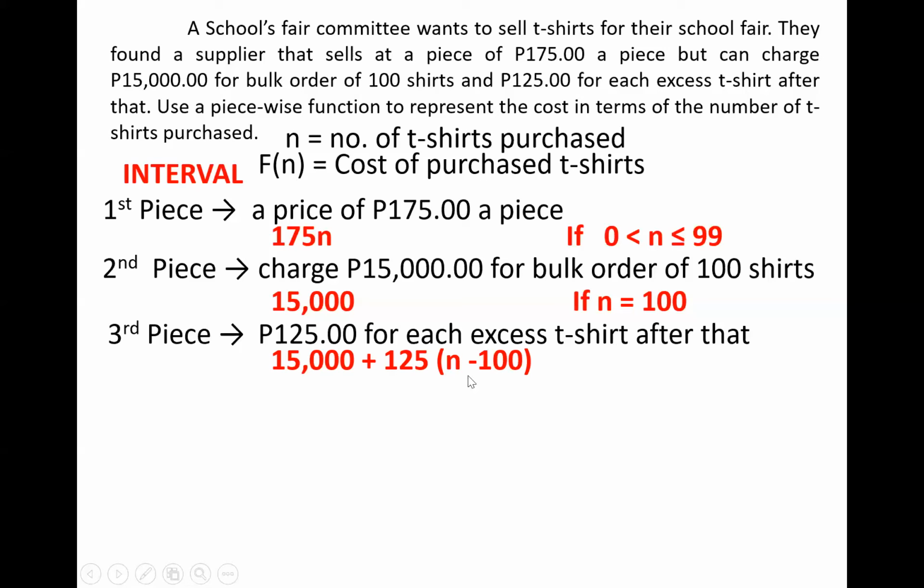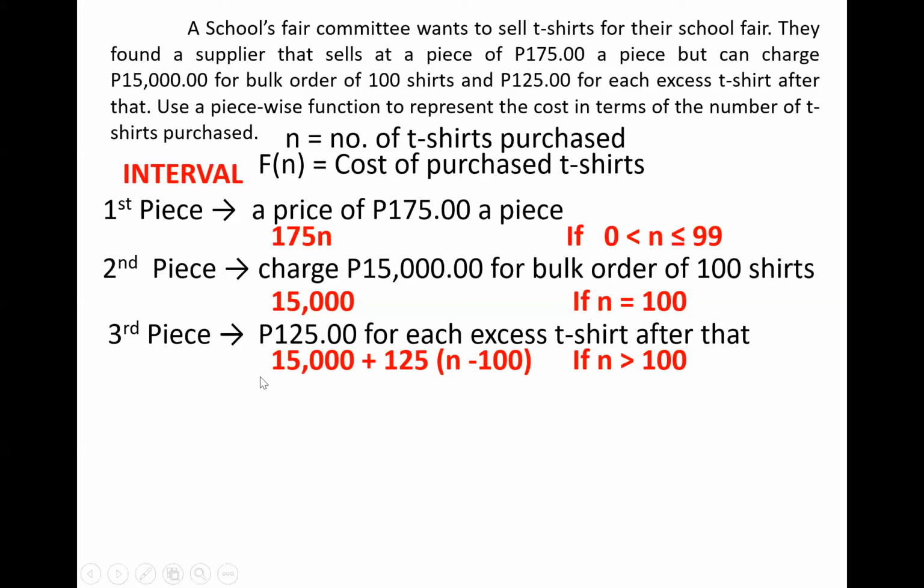Kaya meron tayong expression 125 quantity n minus 100. Pero tatandaan, ang n minus 100, ito ay isang parameter para malaman natin kung ilang excess t-shirt ang imumultiply natin sa amount na 125 na i-add natin kay 15,000. Okay? So, ang interval natin dyan, that is if the number of t-shirt is greater than 100.